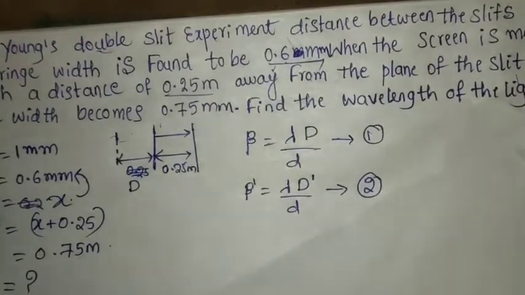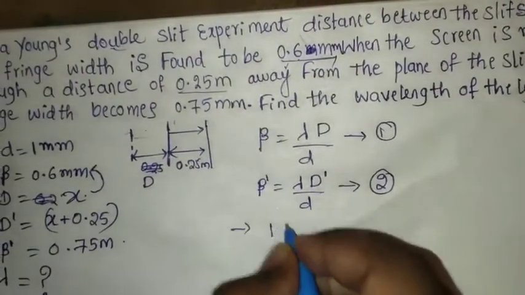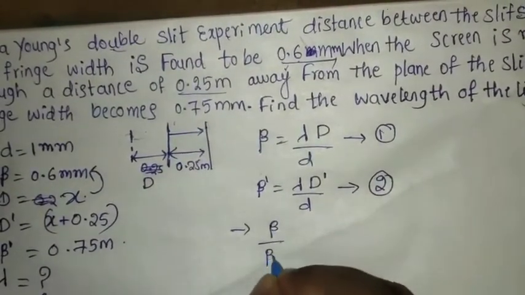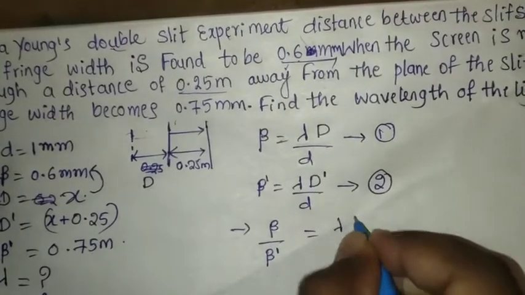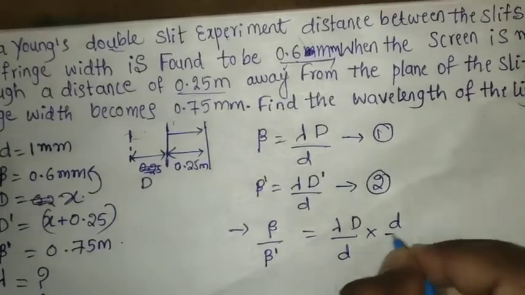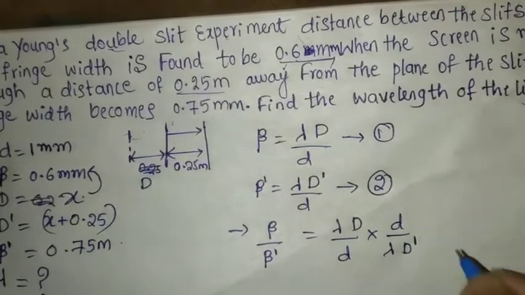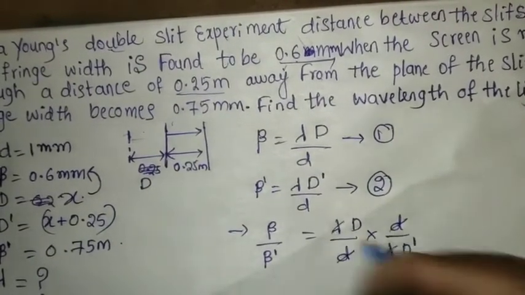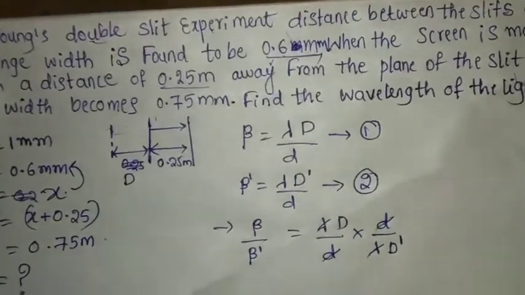If we divide equation 1 by equation 2, we get beta divided by beta dash equals lambda D by small d divided by lambda D dash by small d. Lambda and d cancel, leaving beta by beta dash equals D by D dash.